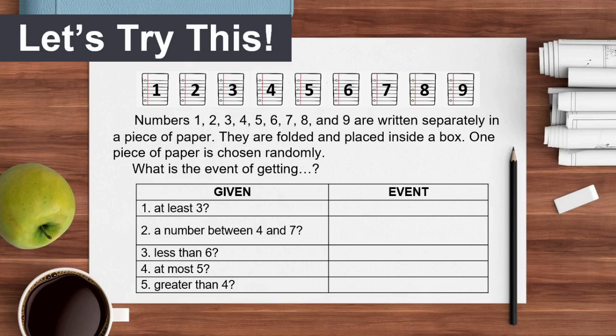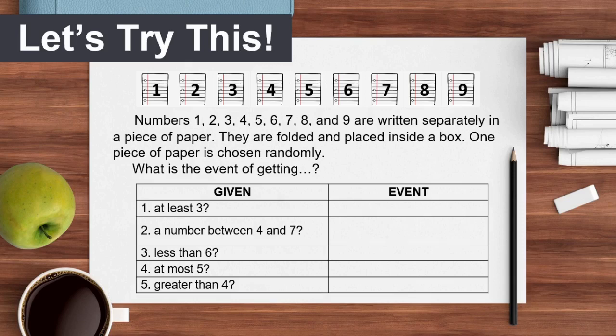Okay, so now what is being asked is the event. What is the event of getting, or here are the conditions. So if the condition is, what is the event of getting at least 3? Okay, so what you have to do is list down or write the set of possible outcomes that will satisfy this event.